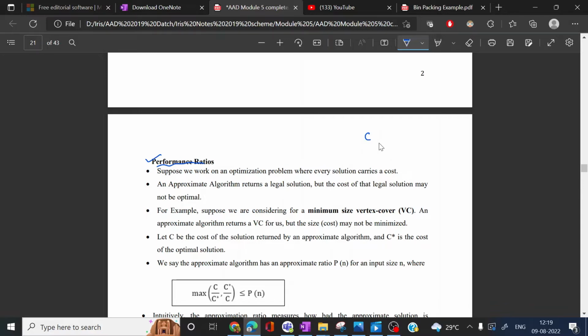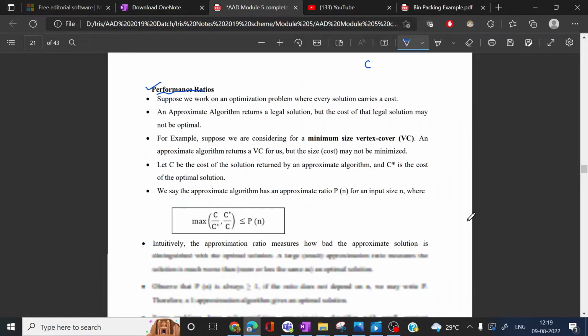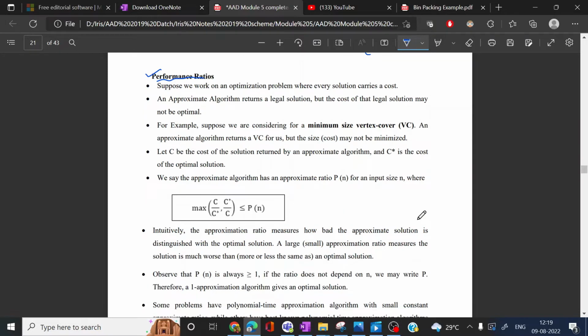It will have an exact or optimum value, and then it can have an approximate value. The approximate value differs from the optimal value, and we can find the ratio of the approximate value and the optimal value. The optimal cost is represented by C star. This is the exact answer. And the approximate cost is represented by C.